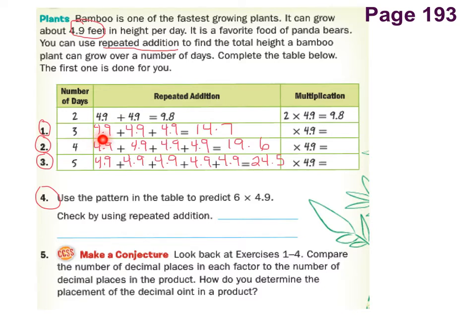So if you filled in your chart, you'd have put in all of these 4.9s, and when you added 3 of them together, you would get 14.7. So that would be the same as using the shortcut of multiplication of taking 3 times 4.9 and getting 14.7. On line 4, if you have 4 groups of 4.9, that's the same as saying multiply by 4, and we get 19.6.